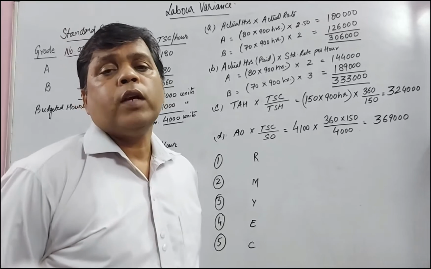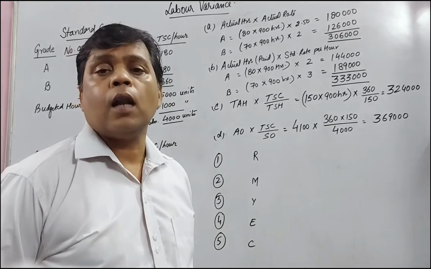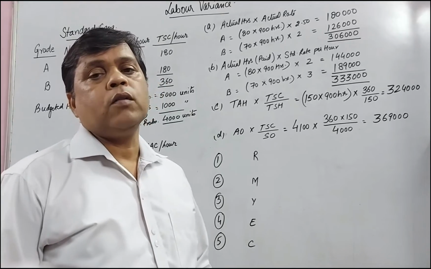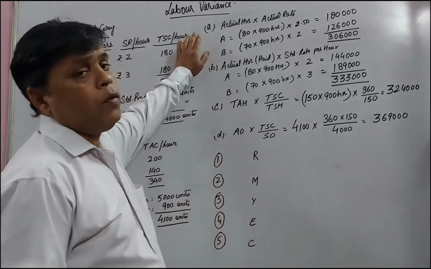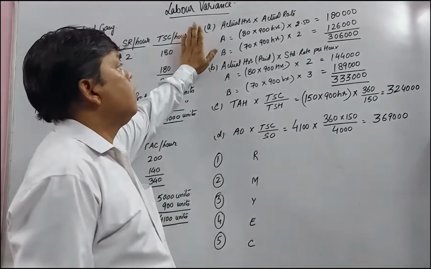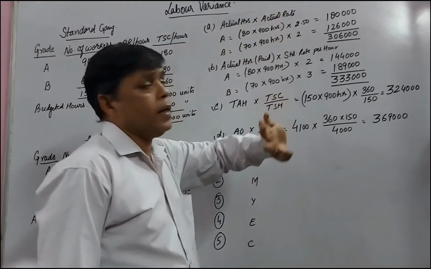The same methodology we used in the material variance in the last class, we are going to use to calculate the labor variance. Means we are first going to calculate four things. Part A is actual hours into actual rate.